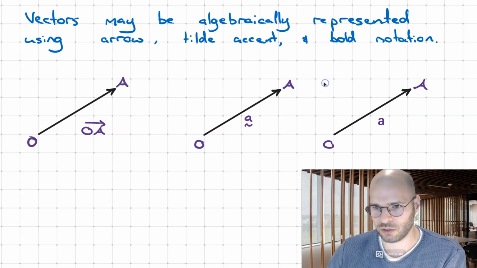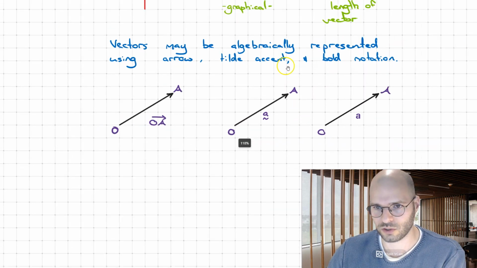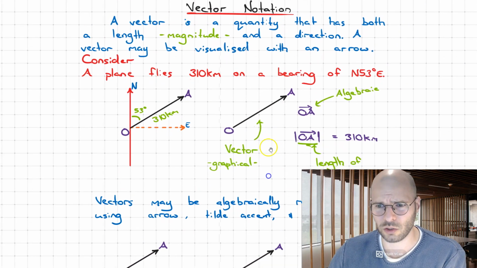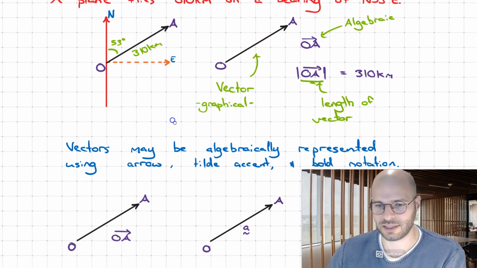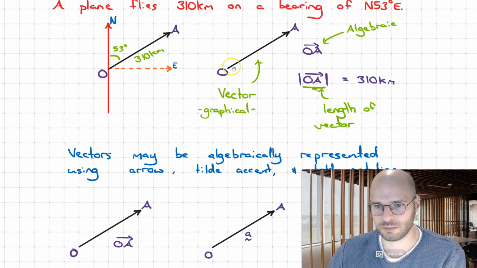So in summary, what we had to look at in this lesson was, firstly, we looked at what is a vector. We discovered that a vector was a quantity that had both length and direction. Next, we had a look at how we can represent them, where we discovered that vectors can be represented simply using the arrows. So the arrow goes from where you started at and points in the direction of where you finish.